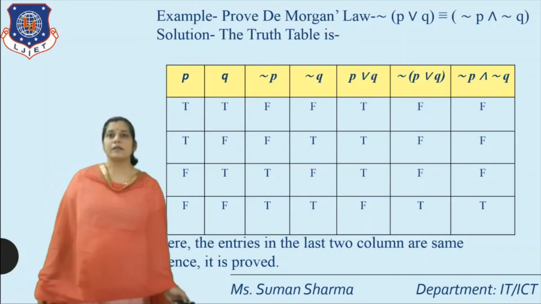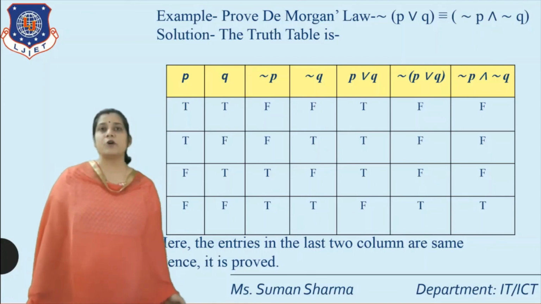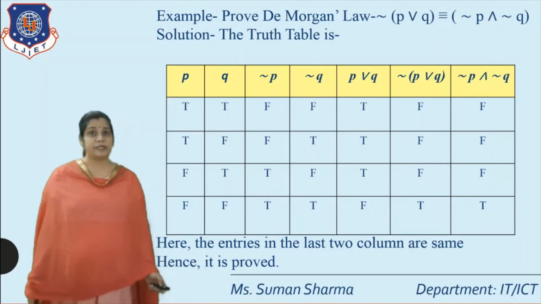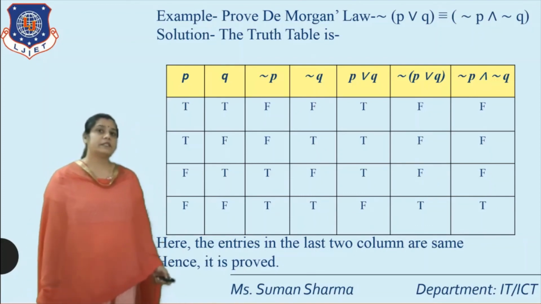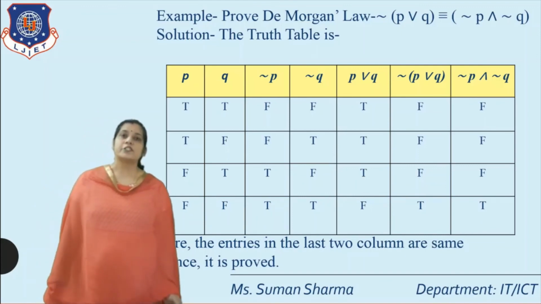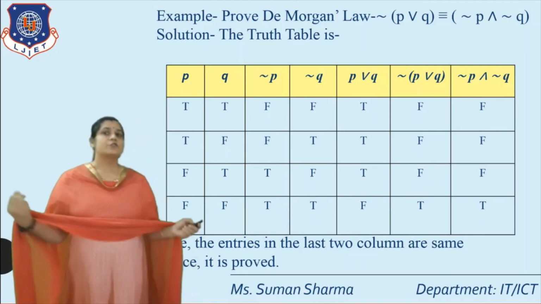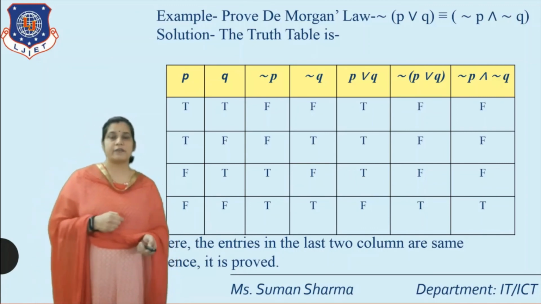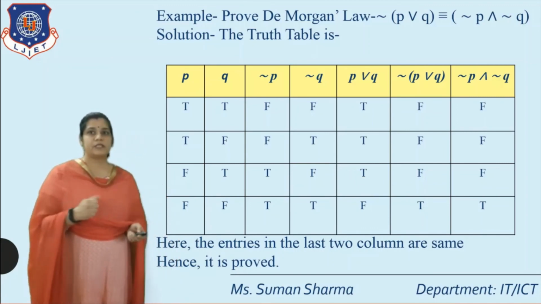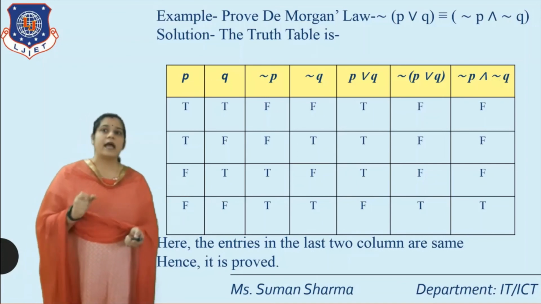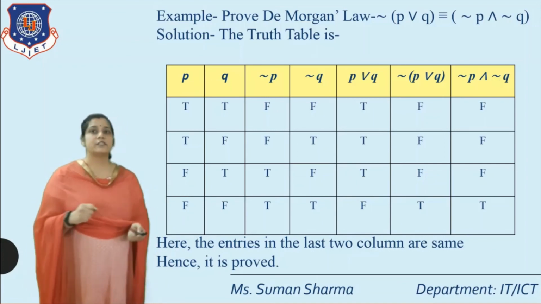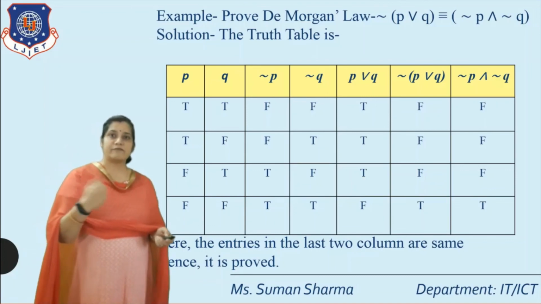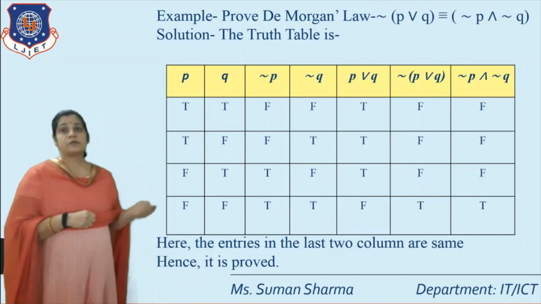Okay, so this is an example proof of De Morgan's law. That means ¬(P ∨ Q) is equivalent to ¬P ∧ ¬Q. So we have here P and Q. We write P: T T F F, Q: T F T F, ¬P: F F T T, ¬Q: F T F T. P ∨ Q, that means what?